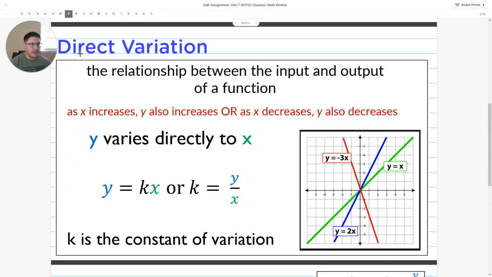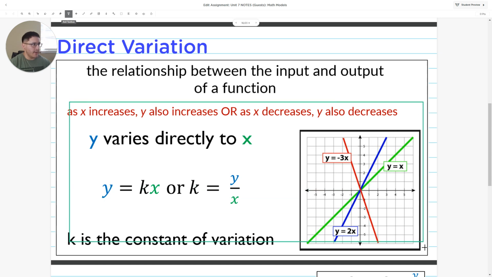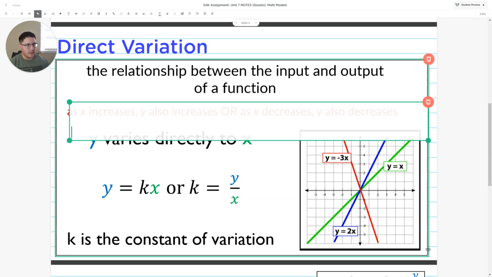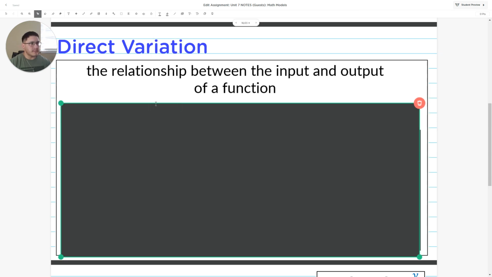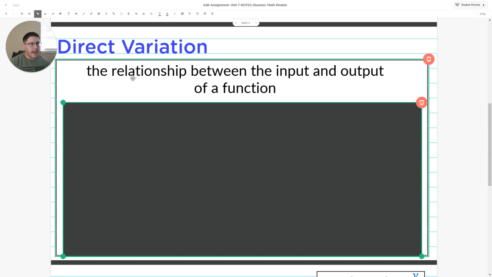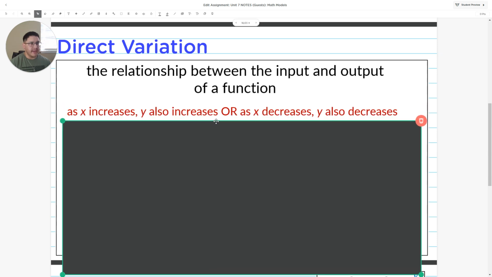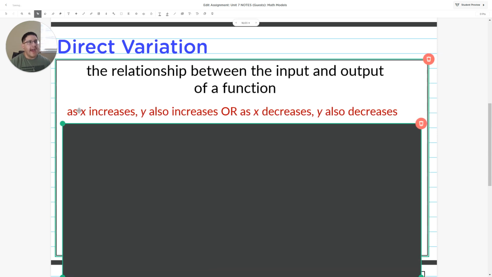Direct variation. I'm going to cover some of this and then reveal it as we go. Direct variation is the relationship between the input and output of a function. In this particular case, as x increases, y also increases, or as x decreases, y also decreases.